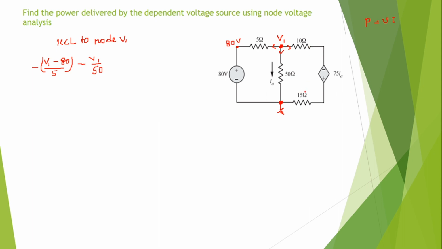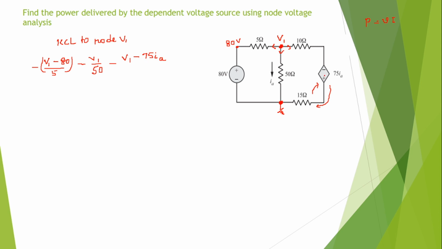These two resistances are in series with the voltage source, so I can interchange these two components. The total potential difference is V1 minus 75 IA.